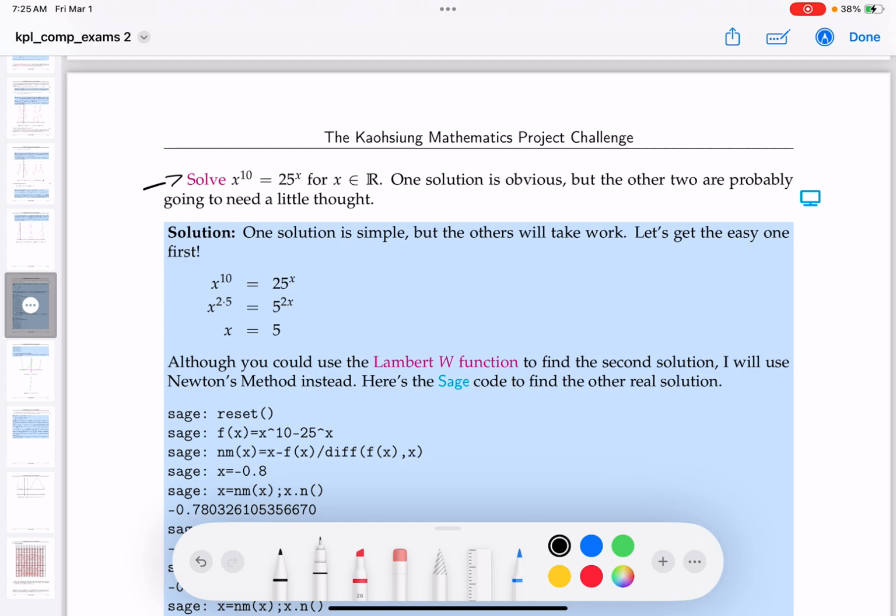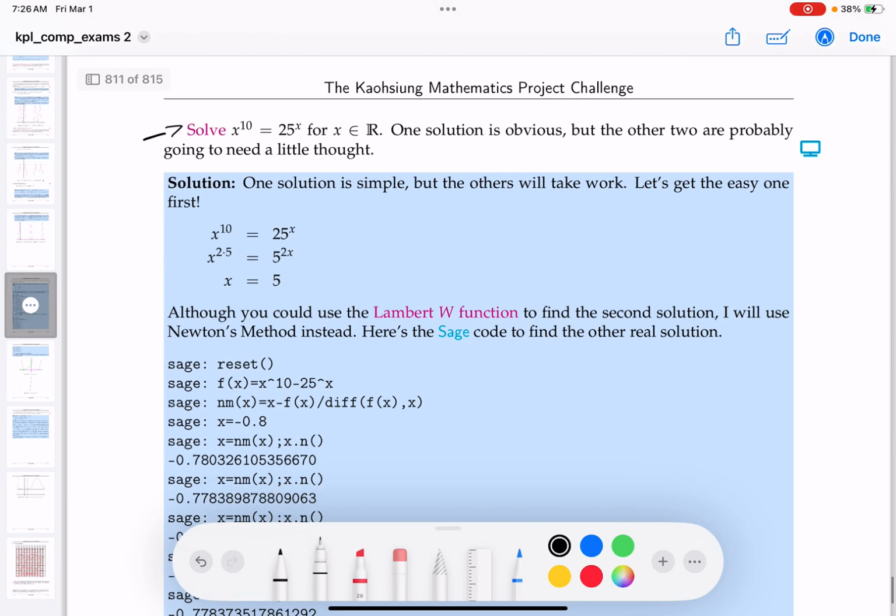All right? So I will go to the whiteboard and talk about the obvious solution, and then I'll talk about why it's so difficult sometimes to find the other two. Now, the guy that does the video, it's linked over here. He uses the Lambert W function, which appears to be quite popular nowadays on the internet. I notice a lot of people doing it. I would say that most curriculums, at least the ones I'm familiar with, do not talk about that.